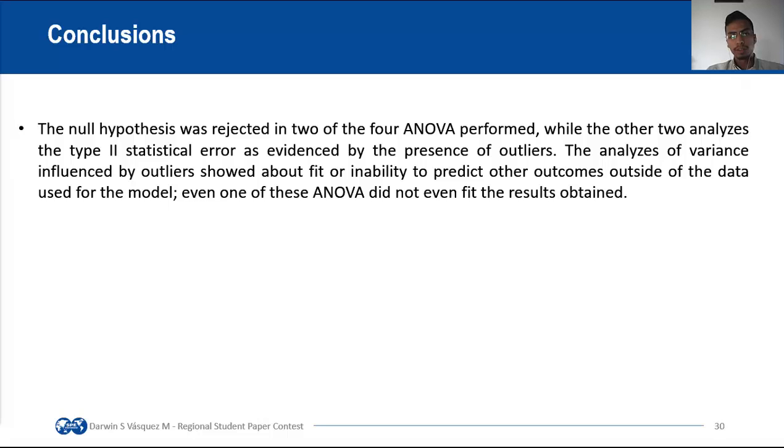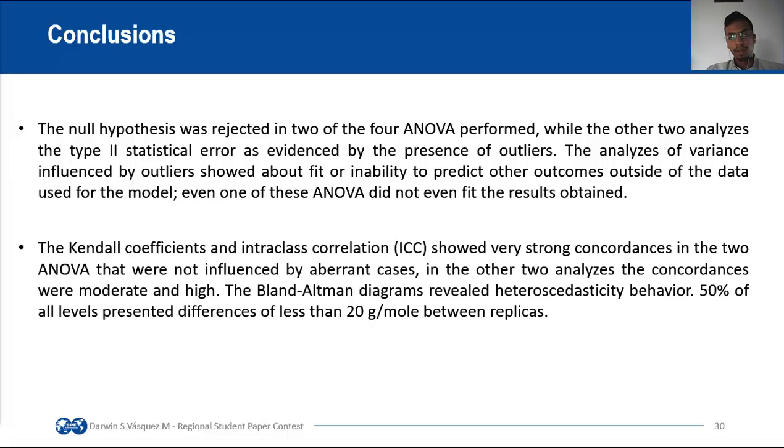The analysis of variance influenced by outliers showed poor fit or inability to predict other outcomes outside of the data used for the model. Even one of these ANOVA didn't fit the results obtained. The Kendall coefficient and intraclass correlation showed very strong concordance in 2 ANOVA that were not influenced by outliers.